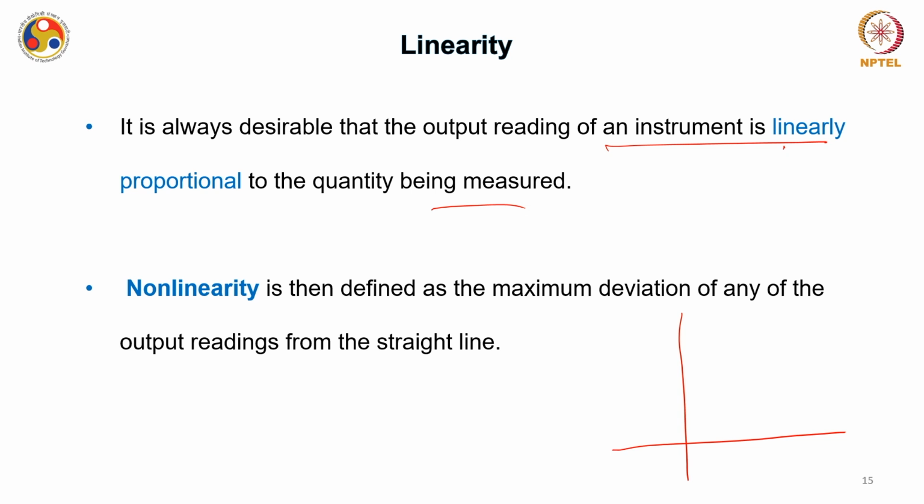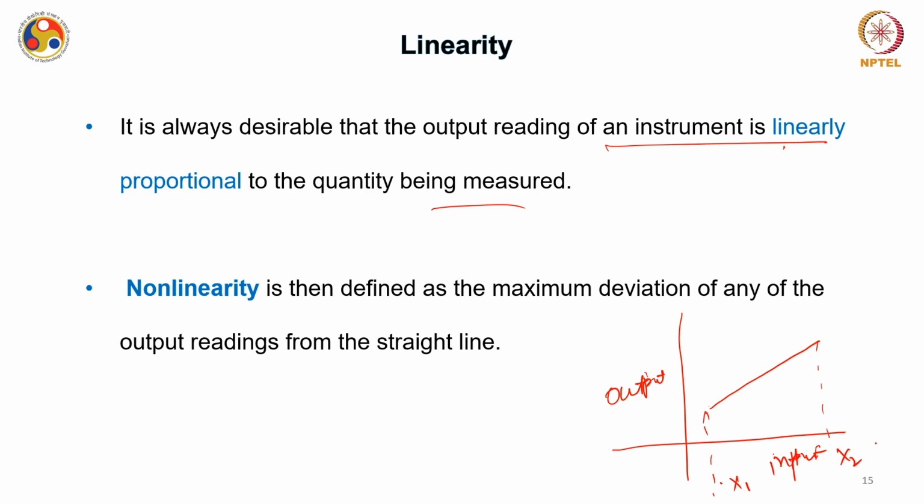Let us try to understand this with an example. So, I have a transfer characteristic, this is output versus input, and say my device has been found to be linear. Say in this range it has been tested, and the span is something like this, x1 to x2.